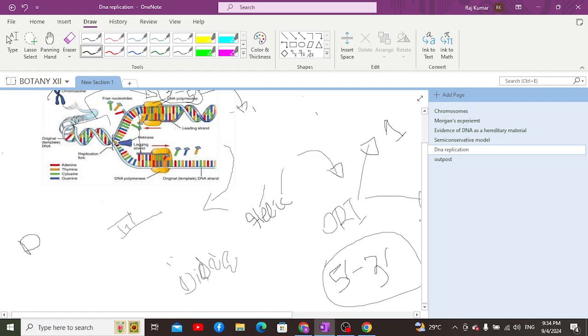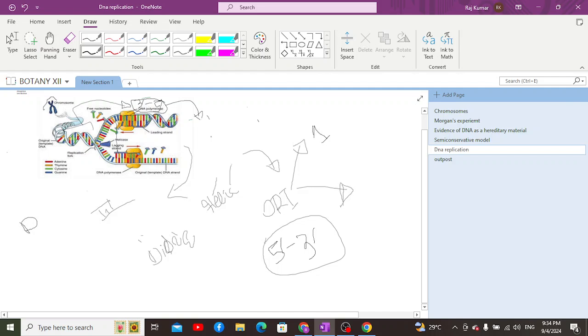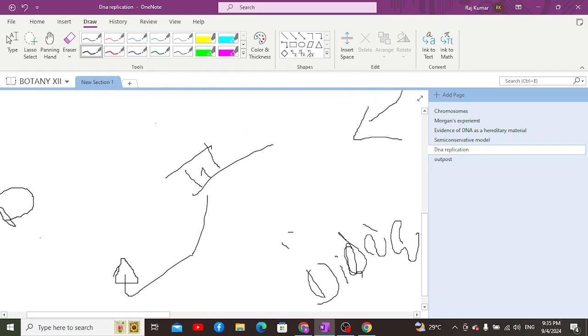DNA polymerase 3, right? What DNA polymerase 3 does is add nucleotides to form a complementary daughter strand for the parent strand which already exists. Its function is to form phosphodiester bonds and add nucleotides in order to create the complementary daughter strand.